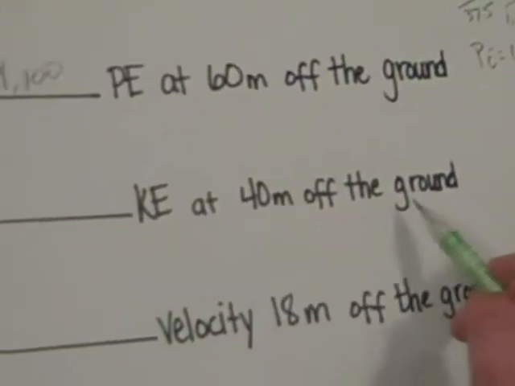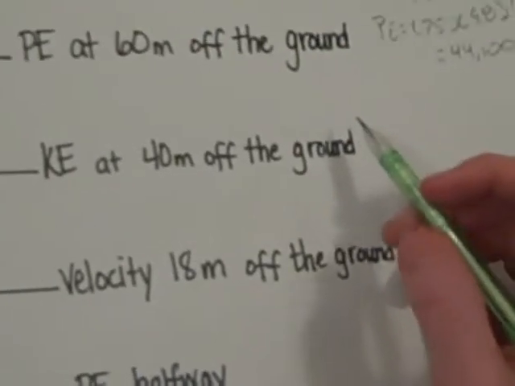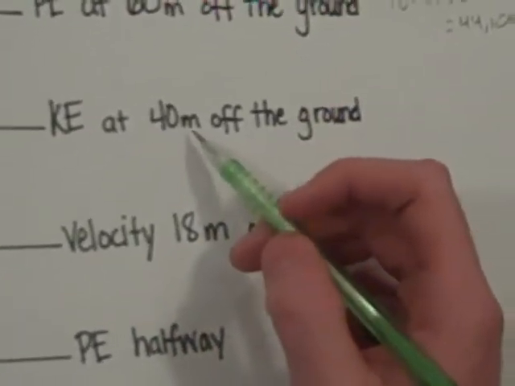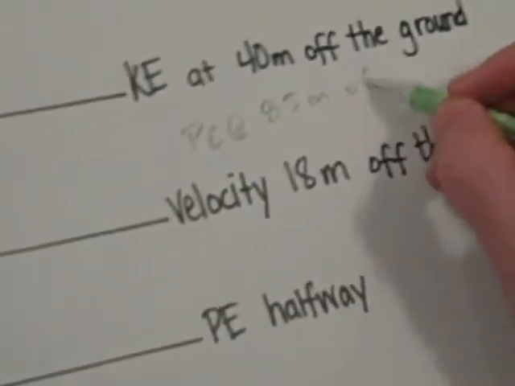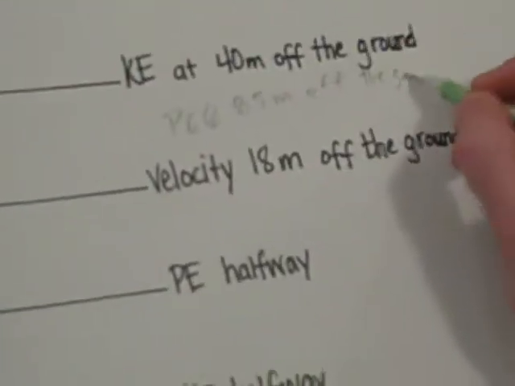Next you have to find the kinetic energy at 40 meters off the ground. The way I solve this problem is I know that the kinetic energy at 40 meters off the ground would be the same as the potential energy at 85 meters off the ground. Now how I got that is in this formula.